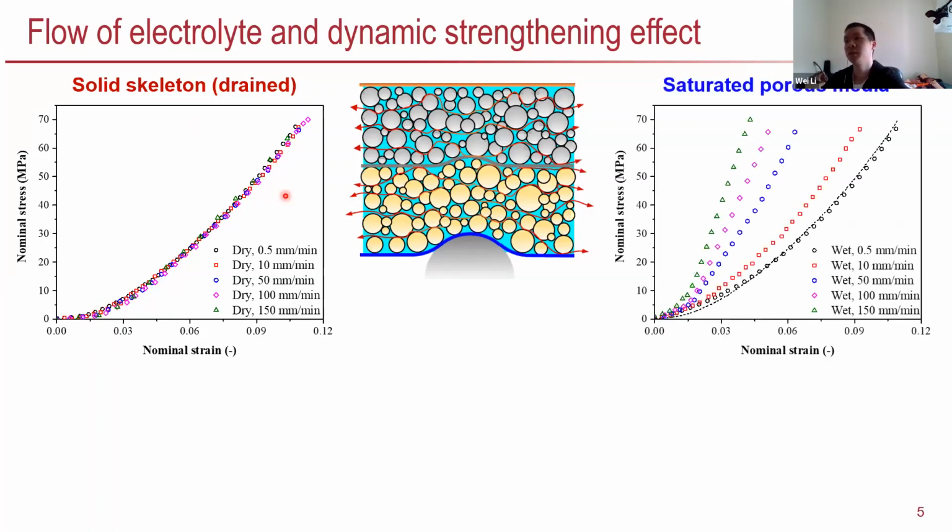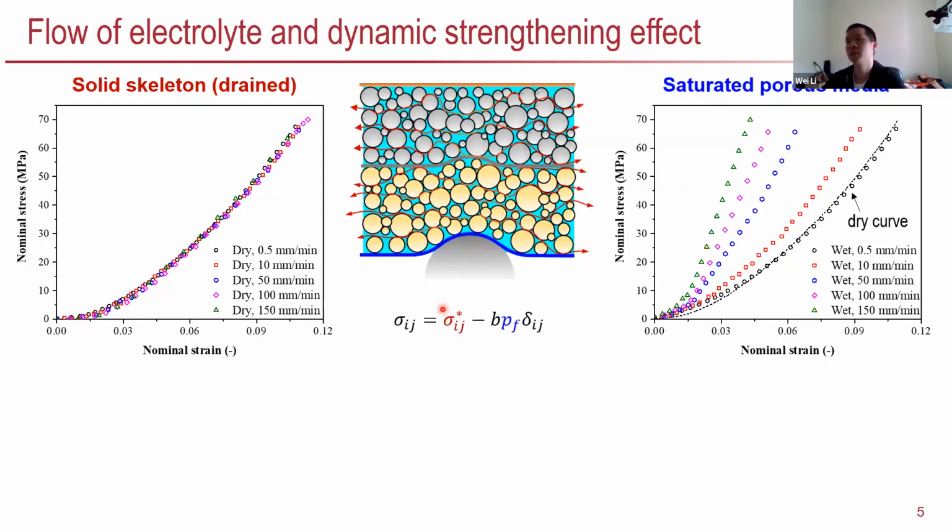But if we do the same test for a battery with electrolyte, then we will see a strengthening effect when we increase the loading speed. In order to model this effect, we will need the poroelasticity theory.